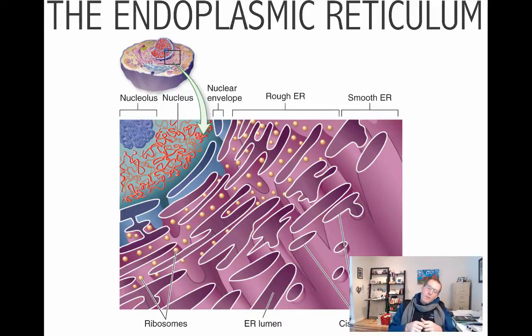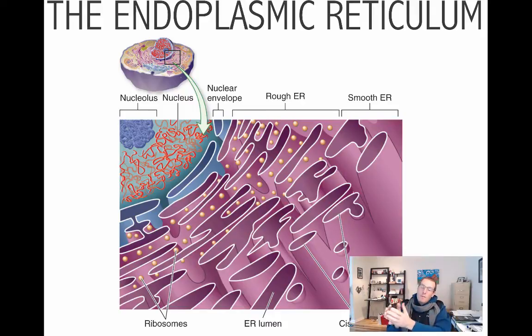Close to the nucleus we've got rough ER, and then further away is smooth ER. So what is going on in this endoplasmic reticulum? Well, let's talk about rough versus smooth. Rough ER is rough because it's covered in ribosomes. So I said earlier in this module that you find ribosomes and translation occurring in the cytoplasm.